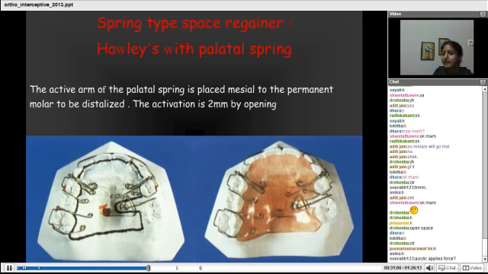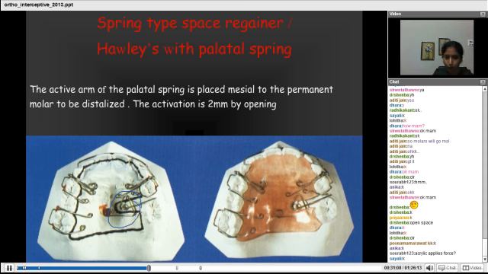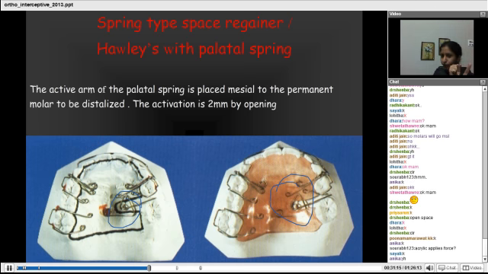Next is palatal spring. I hope all of you know how a palatal spring works. You just keep activating your spring every time. The spring applies force. The spring transmits it to the acrylic and the acrylic transmits it, but it is mainly the spring which is working there.